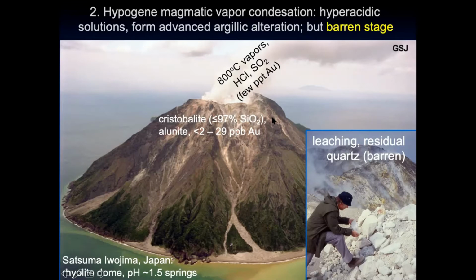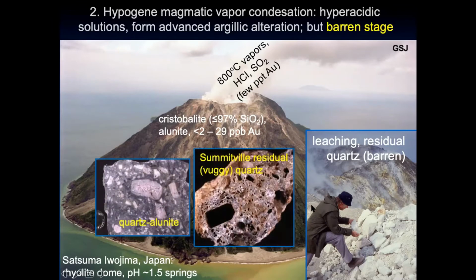But it does tell us that there's a magmatic system at depth. Maybe that magmatic system is related to a deeper high sulfidation epithermal deposit hosted by this type of alteration, or even, at greater depths, a porphyry deposit.